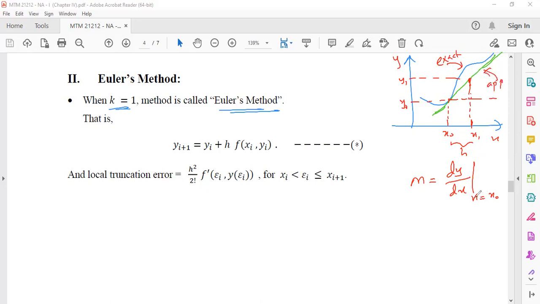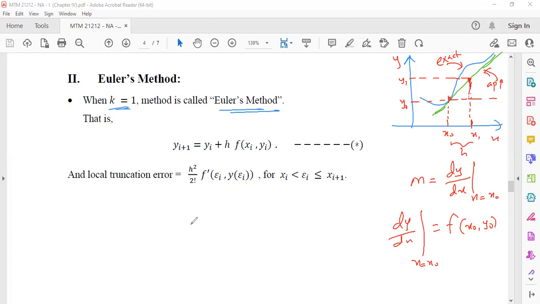Since this is a line, m is equal to dy over dx, and we are given that dy over dx is a function of x comma y. At x equal to x naught, it will be f(x naught, y naught). I'm just showing how we can derive this, in case you forget. See here, this is my y1 and this is my y naught.